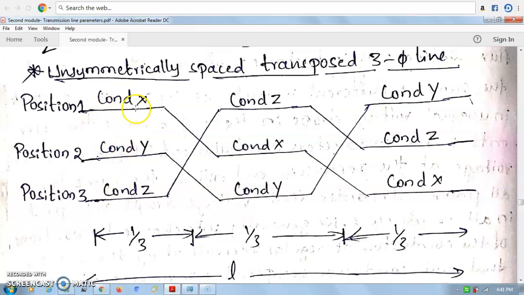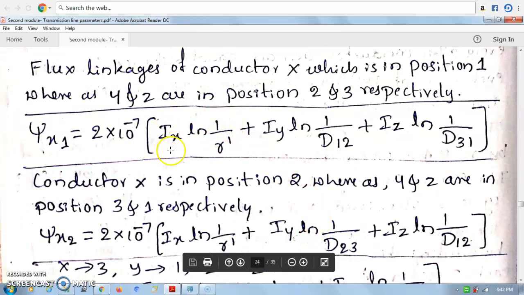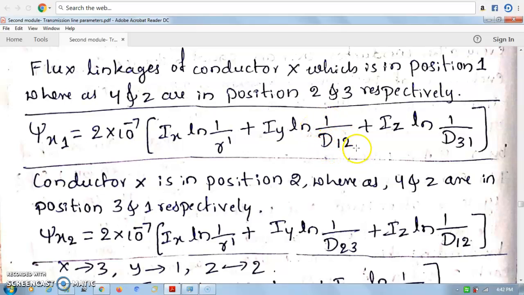So the distance from X to Z is 3 to 1. So the distance between X and Z is D31. For its own flux, the distance is 1 by r dash. Then due to the Y conductor current Iy, the distance between X and Y is 1 to 2, the order is D12.